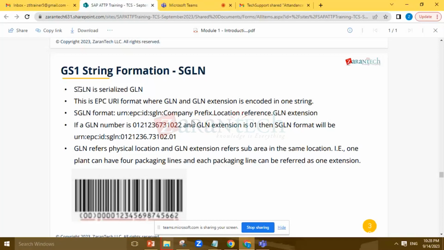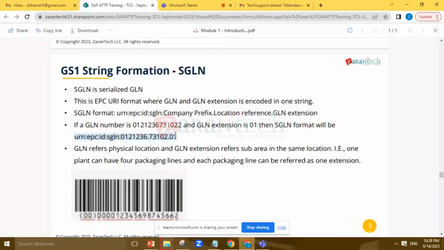Now, how will ATTP understand this in encoded format? This URI format is nothing but an encoded format, so in one string you will have all the information. How will ATTP know that this is plant A and packaging line 01, and this is line 02?